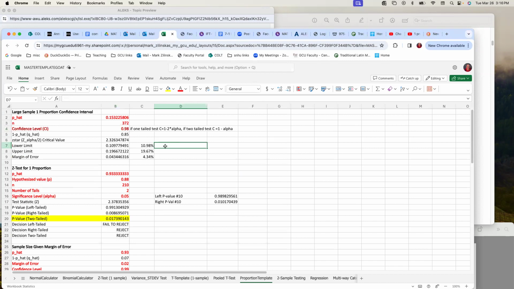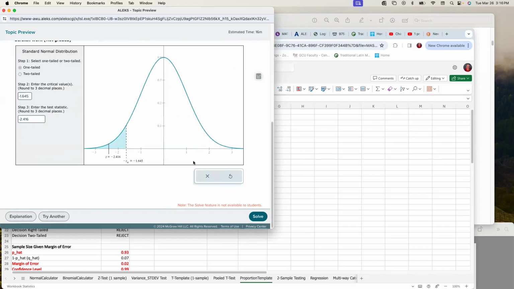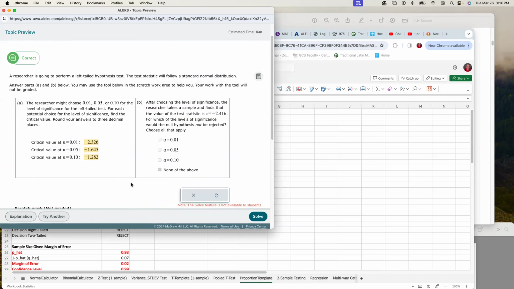And if you do that, here's your negative, or 2.326, which is again what we got here. So you kind of got to think your way through this. If we have that picture here, we're just dealing with a left tail test. If it was a double tail test, again, we would have to accommodate for that.